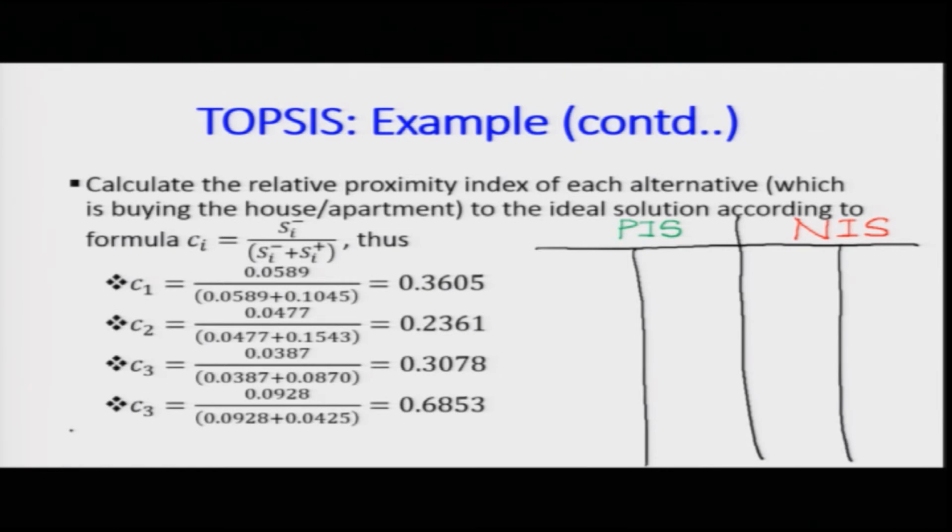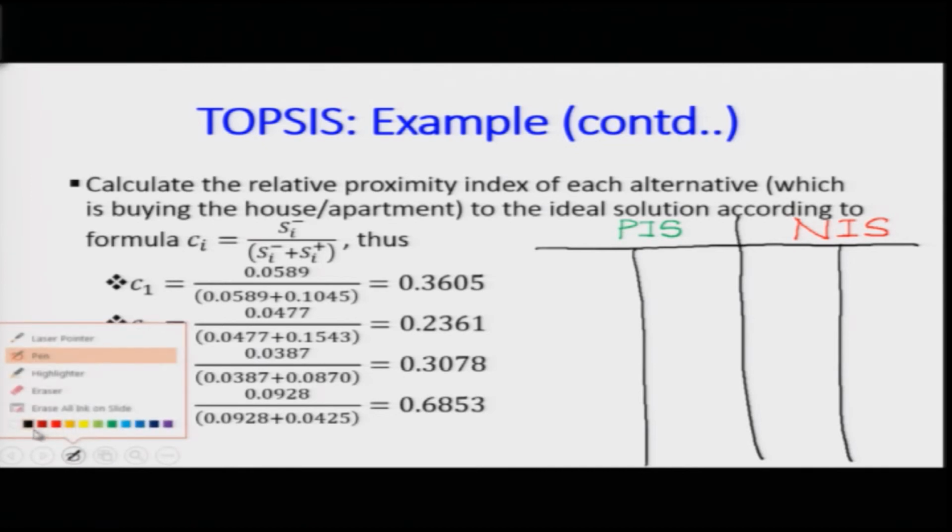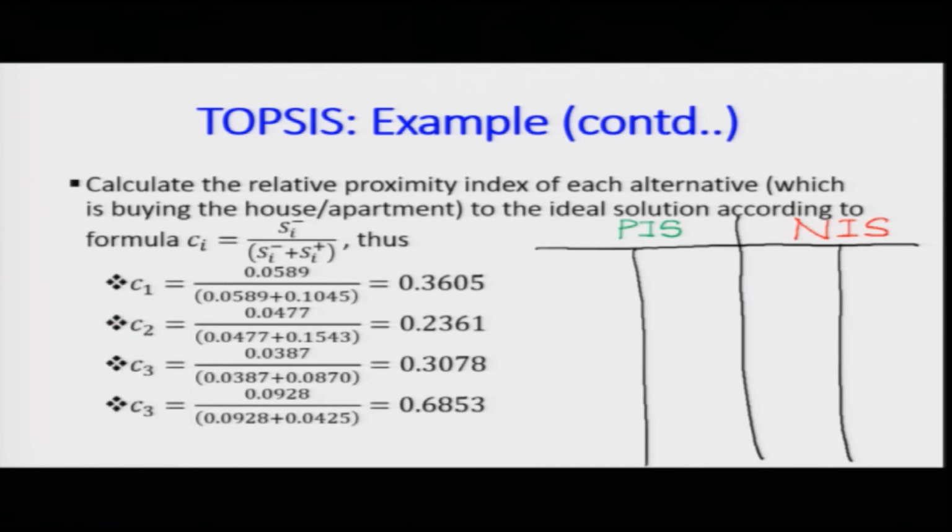When I use the positive solution, I am using a max. When I am using the negative, I am using a min. I am using the same color scheme, remember.